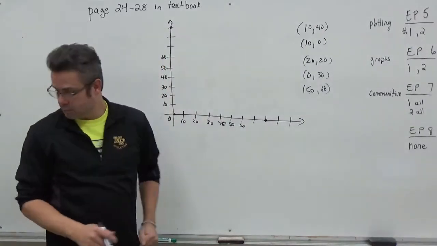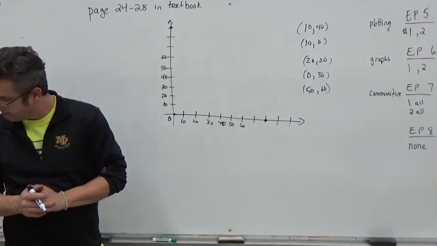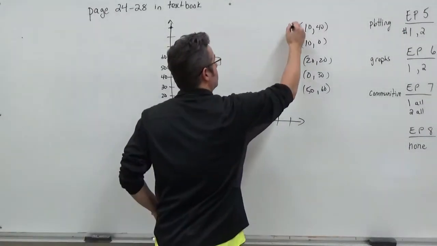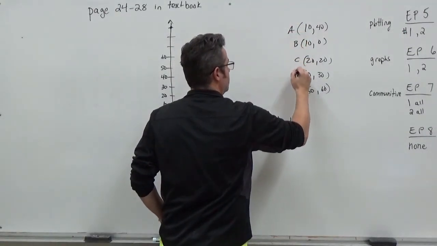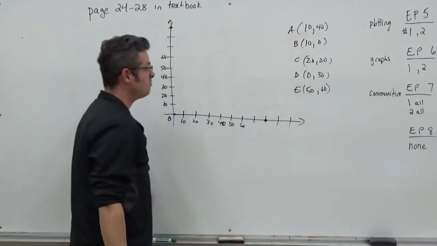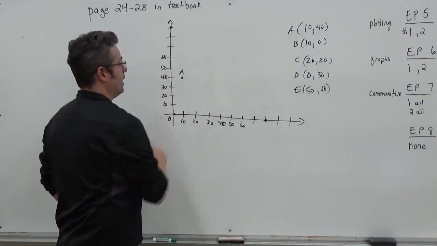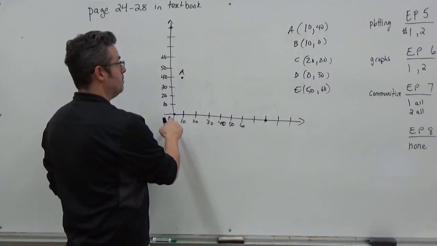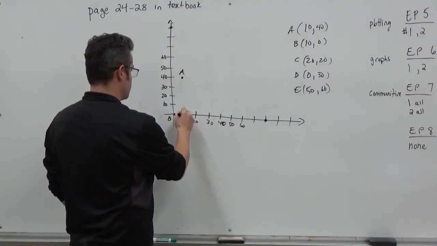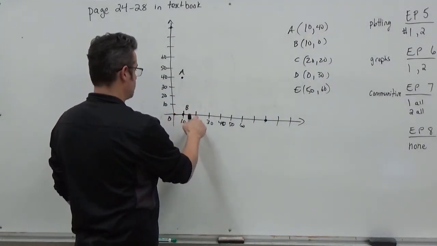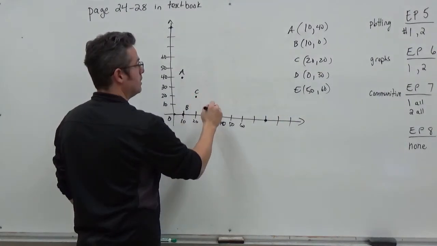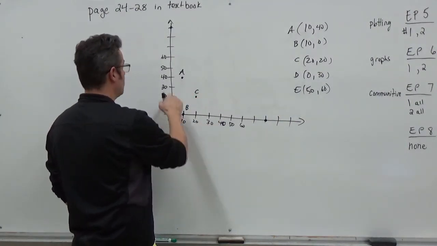Now I can label these points. They just had them as A, B, C, D, and E. So A is (10, 40). B is (10, 0). C is (20, 20). D is (0, 30).